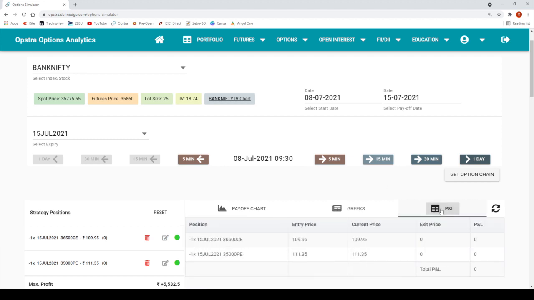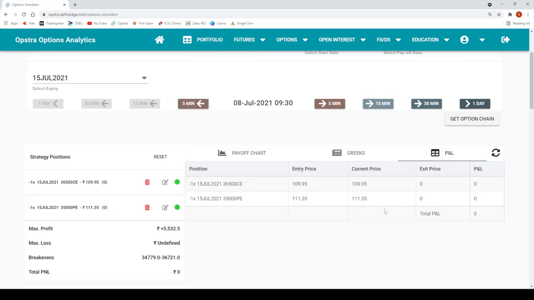Before that, I will explain how we are going to do adjustments. Whenever the call price becomes double the put price, we are going to do adjustments. Similarly, if the put price becomes double the call price, we will be doing adjustments.